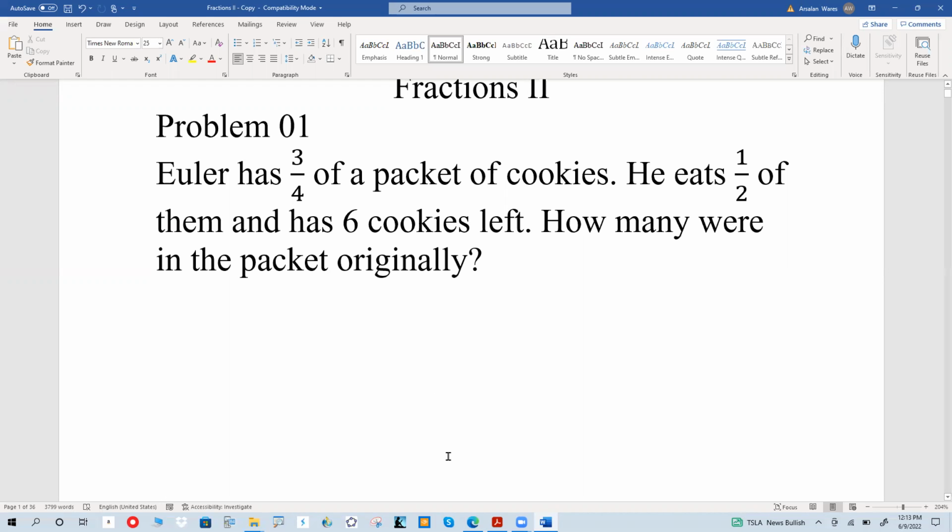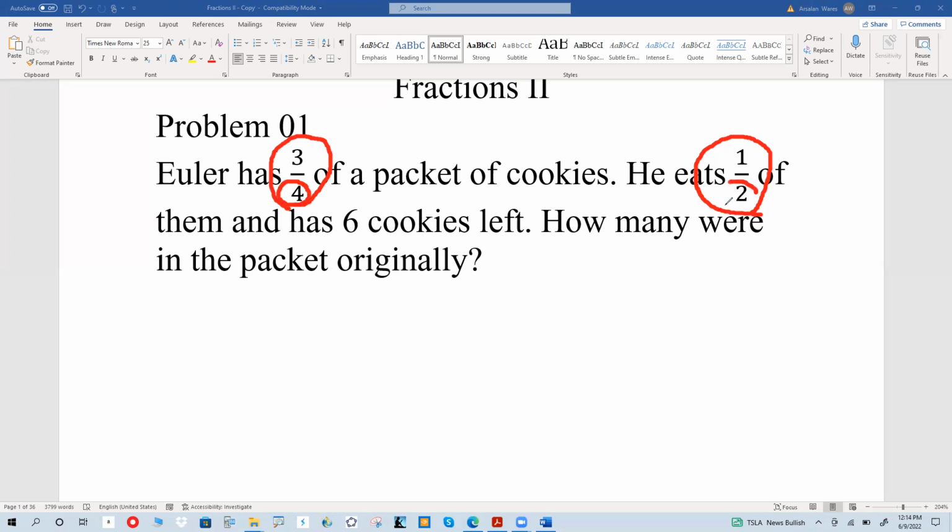If you read the fractions notes, I went over it, but here I won't worry about the notes. Whenever I want to represent 3/4 and 1/2 visually, because I'm talking about half of the same packet or half of the 3/4, I'm going to use a rectangle that is 4 by 2.